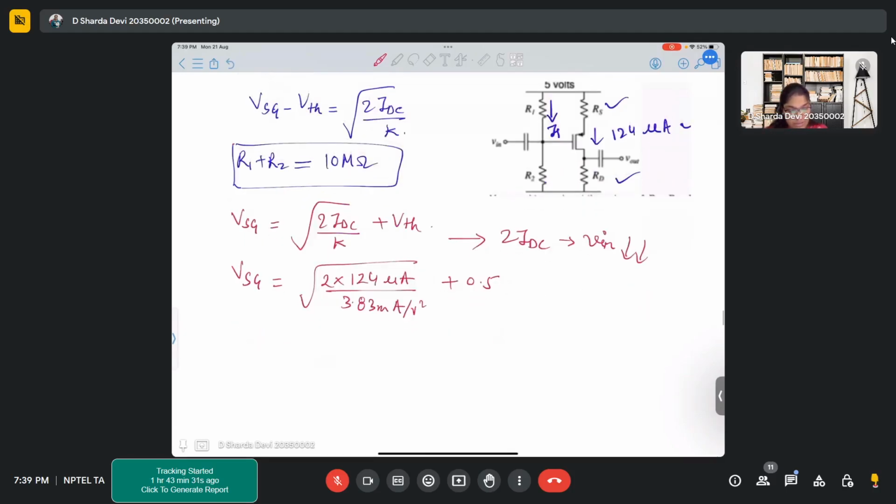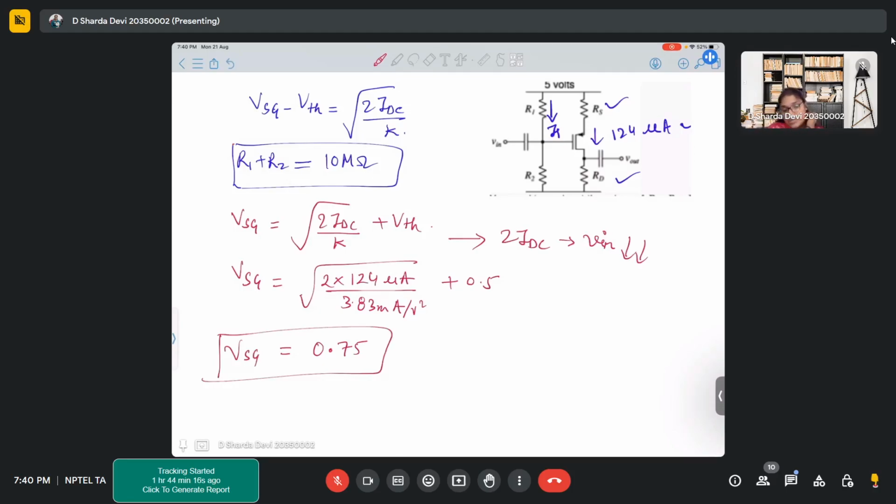So the VSG that we are getting is 0.75 VSG.